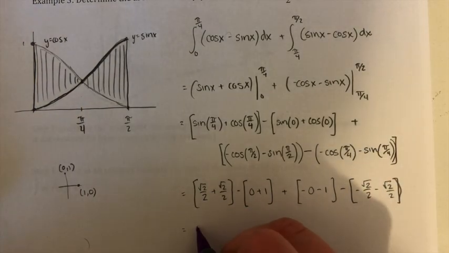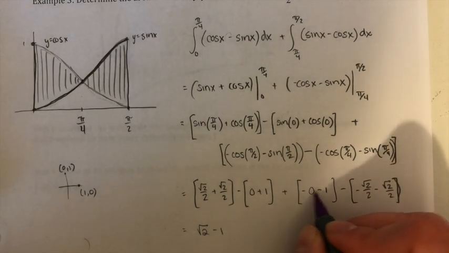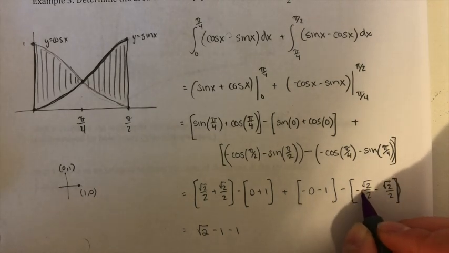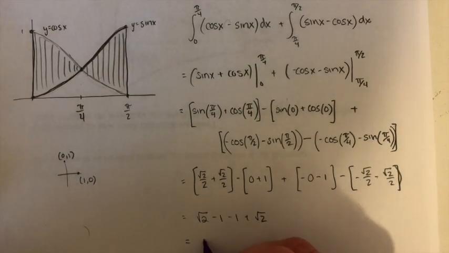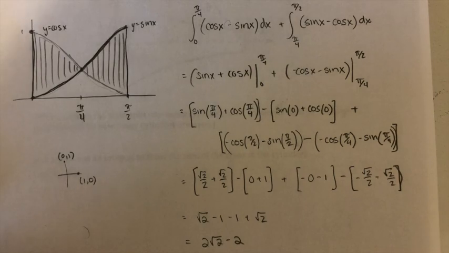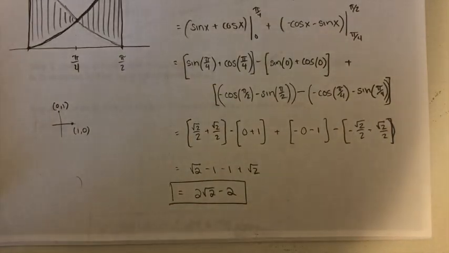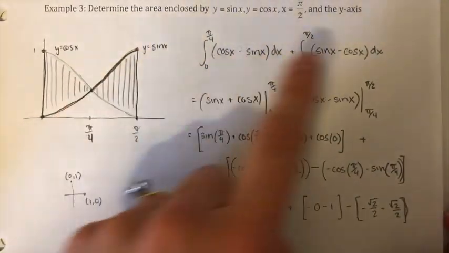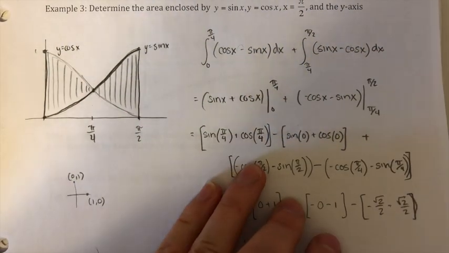So this is 2 root 2 over 2, so that just simplifies to root 2, minus 1, minus another 1, and then minus negative, so that turns into plus another root 2. So we get 2 root 2 minus 2. Okay, so that's the area in between. So we had to flip our integral halfway through, like which one was top, which one was bottom, because of the nature of these two lines this time.